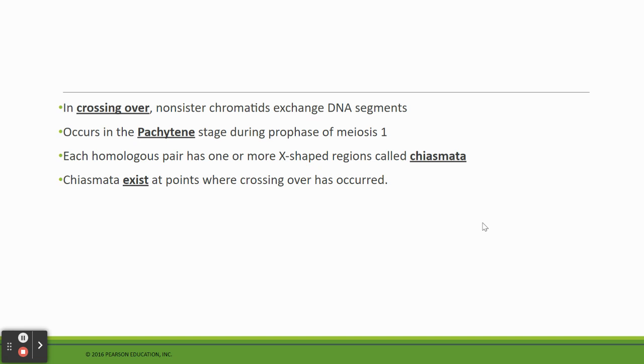We call these chiasmata. Chiasmata are going to exist wherever there's a point that crossing over has occurred. So chiasmata only are called this after crossing over has occurred. And it's like a little X-shaped region. Okay, so you need to know what chiasmata are and what crossing over is and where it occurs.